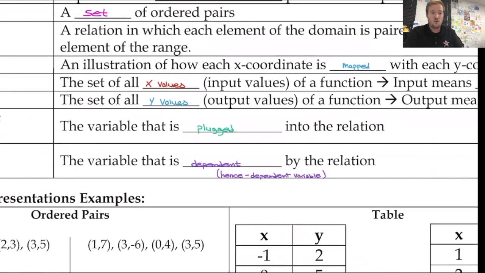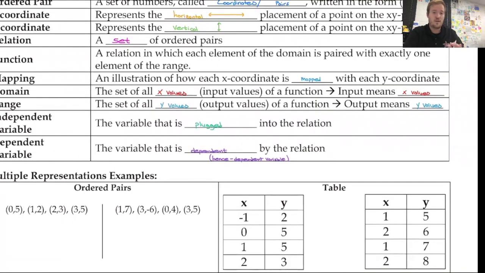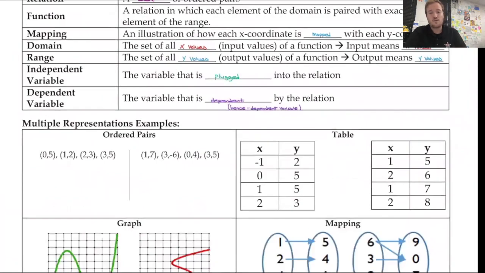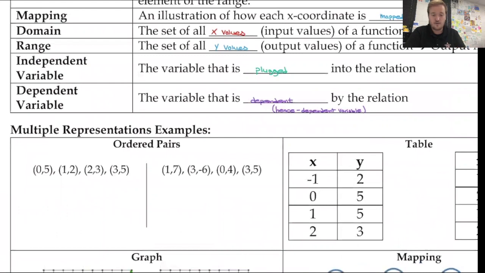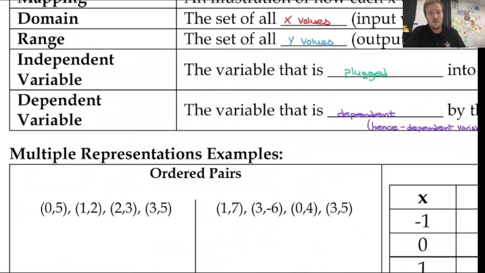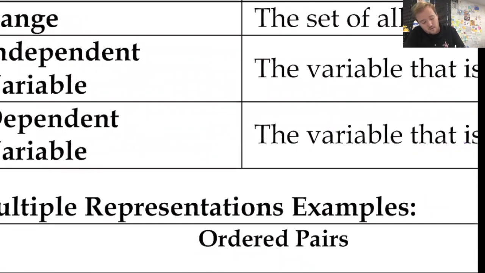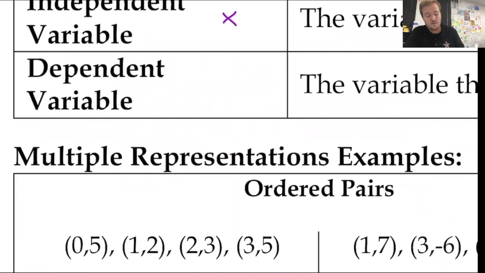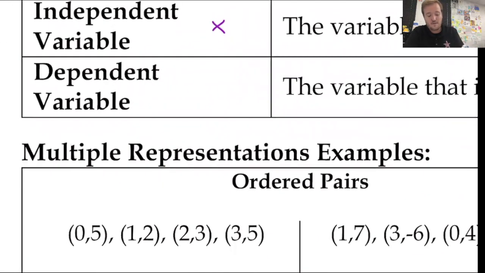And then your range is going to refer to all the output values, which are your y values. Okay. And then we also touch on your independent and dependent variables every now and then. So just a general rule of thumb, your independent variable is going to be your x values, whereas your dependent variable, these are going to be your y values.